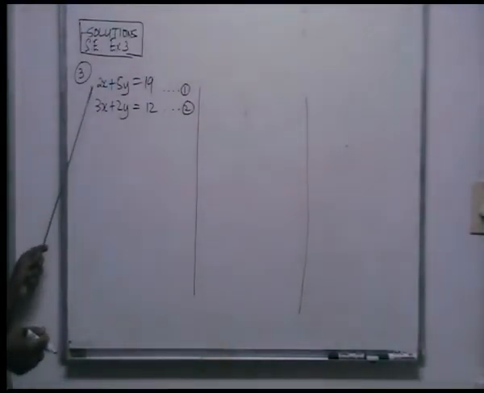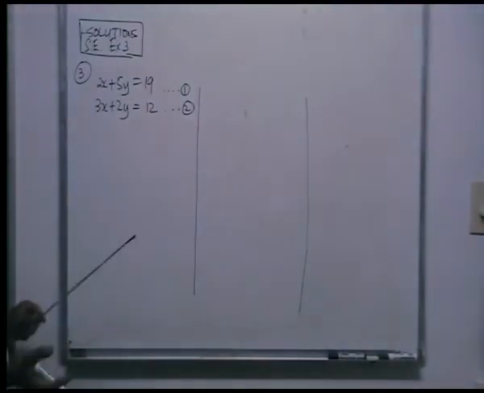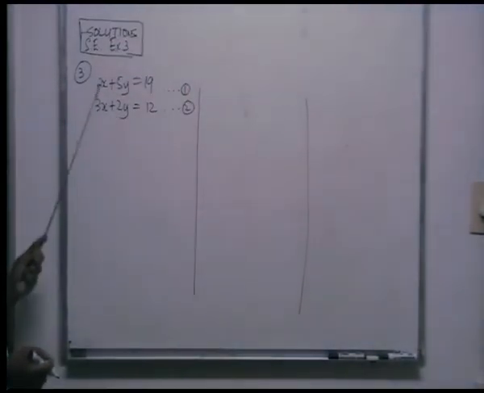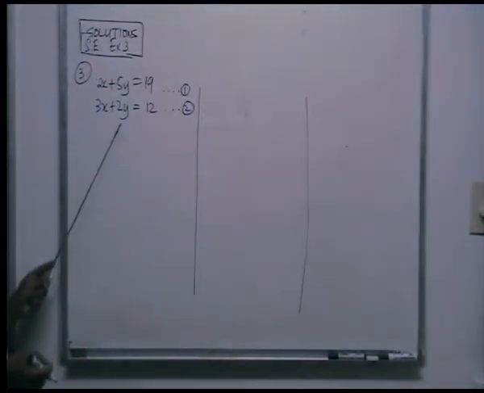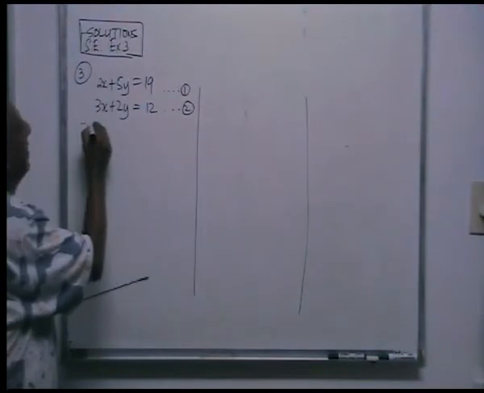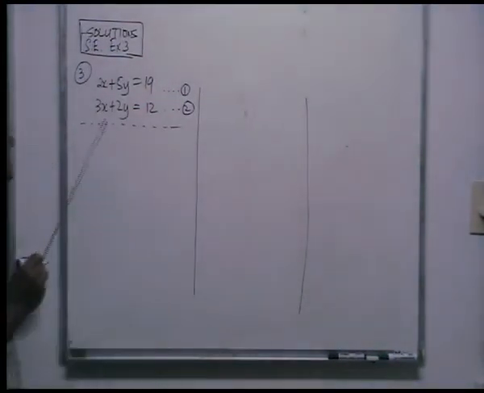Well, if I take number 1 and put it in number 2, it'll be fine, and maybe I'll work with x. If I decide to take 2 and put it in 1, then maybe I'll work with y. So I've got two choices. But what we're going to do is put 1 in 2.